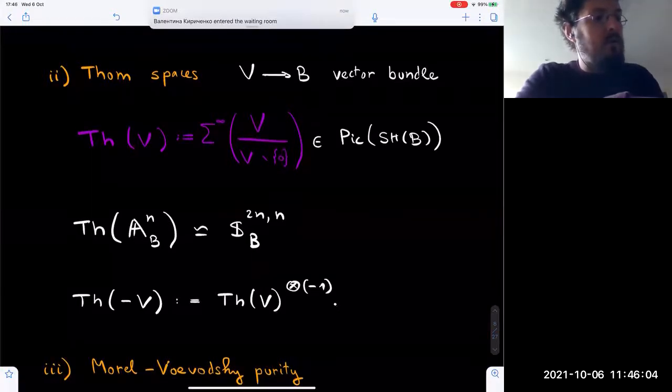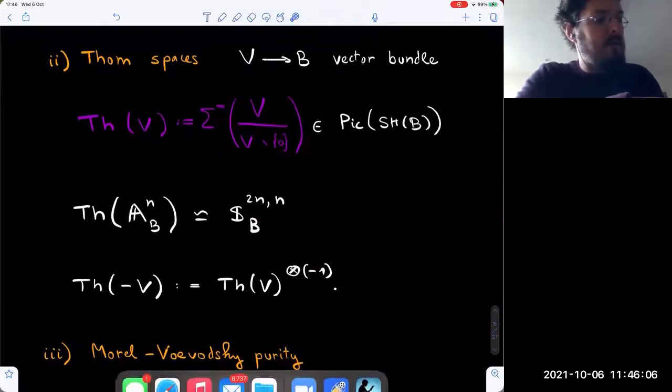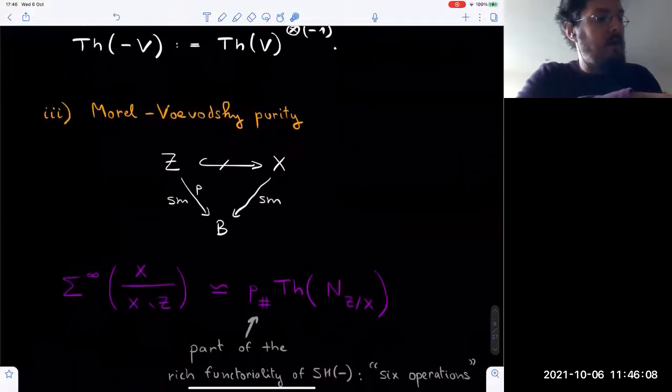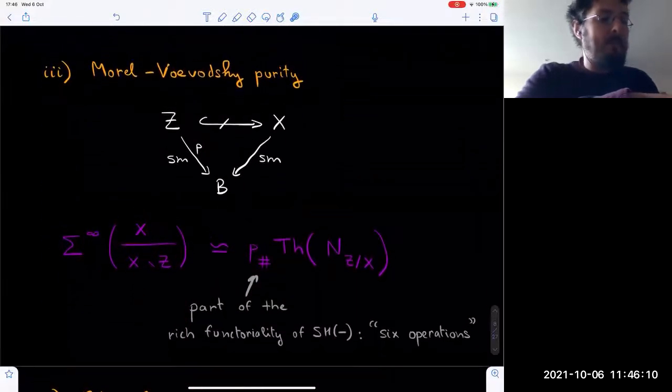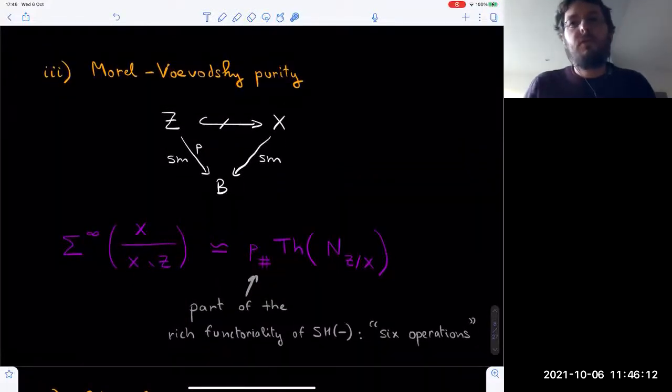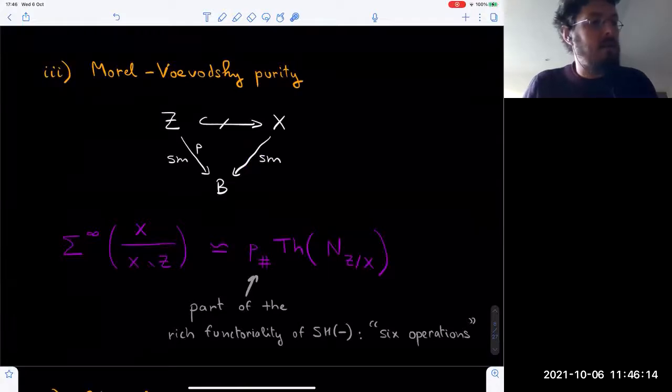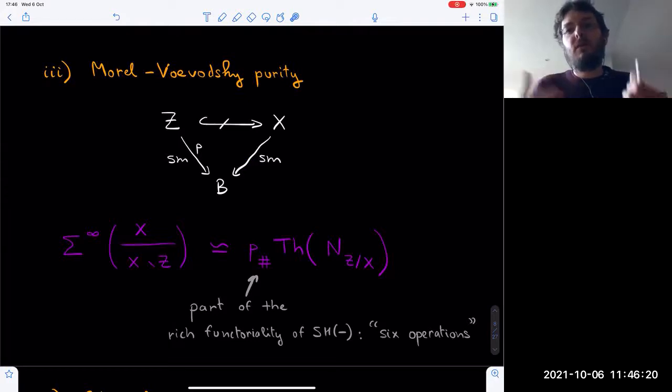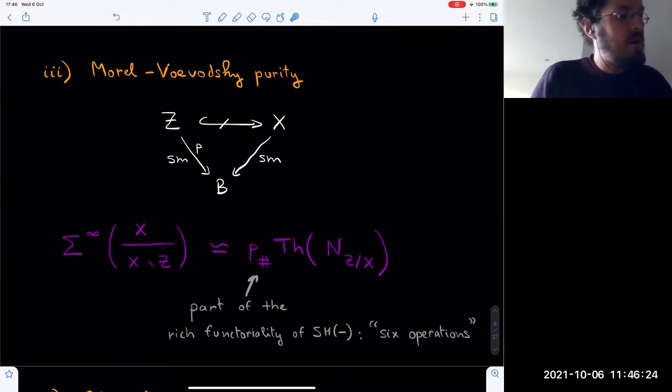The role of these Thom spaces appears via the Morel-Voevodsky purity theorem, which is one of the first non-trivial statements in the story, which doesn't follow directly from the ingredients that you put in the definition, but then you have to work quite a bit.